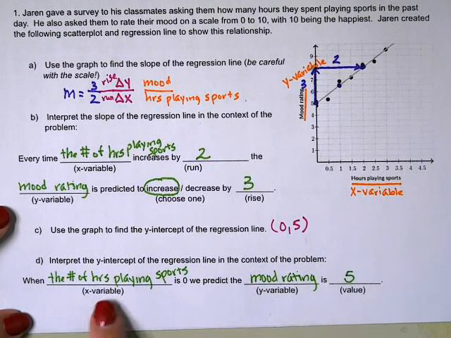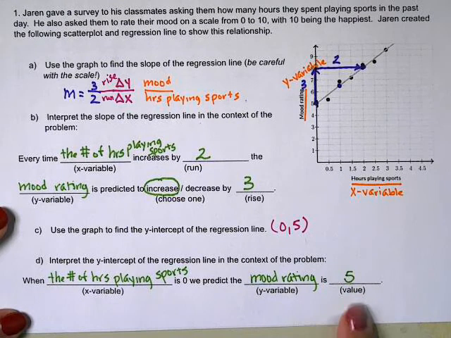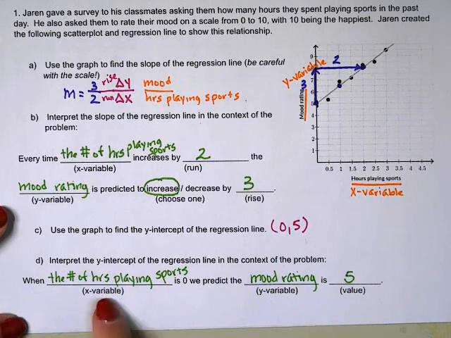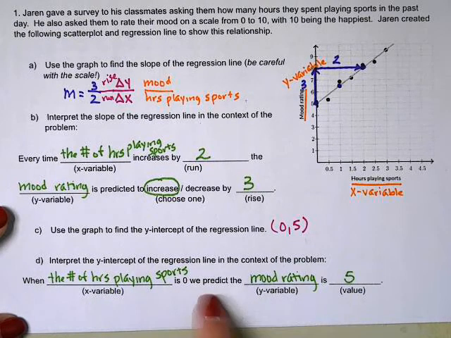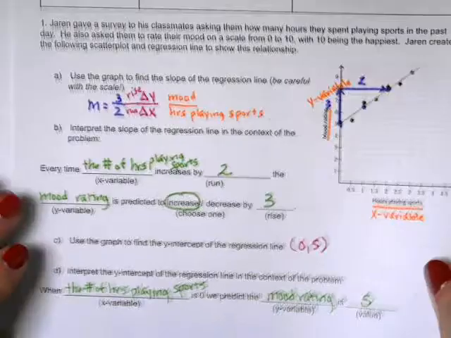Right? So we're taking the x variable and the y variable, and then the value of the y-intercept, and plugging it into this fill in the blank. So when you don't play any sports, or when the hours playing sports is 0, then we predict your mood rating is 5. So you're kind of just meh if you're not playing sports. That's what this is predicting for us, okay? Let's look at two more examples.